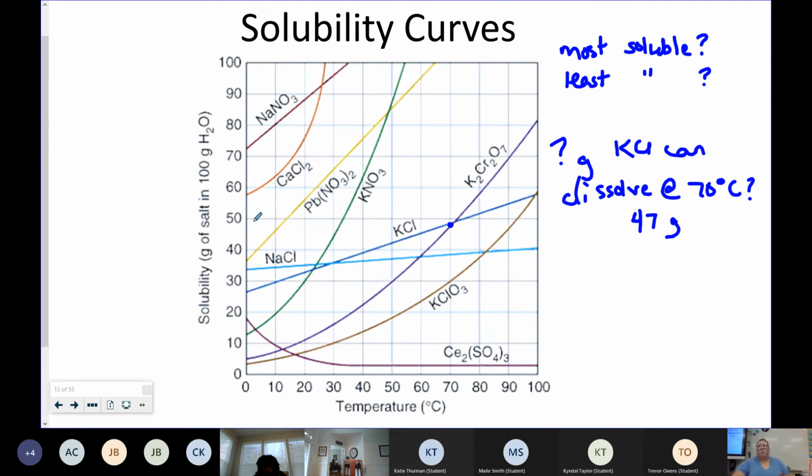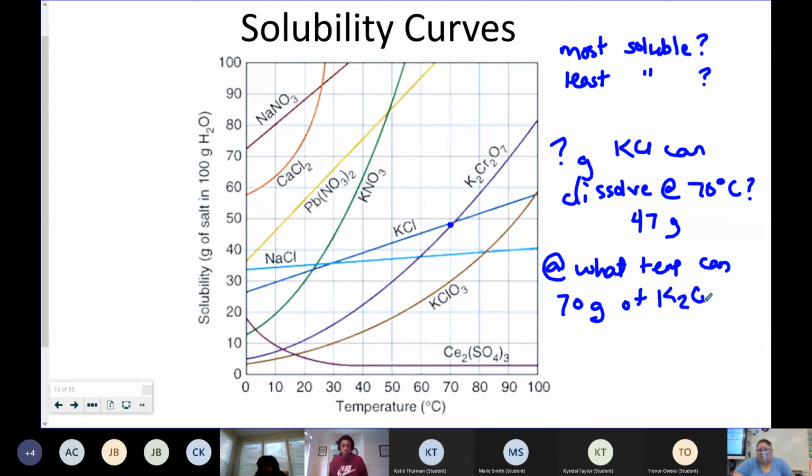It could also ask you for the temperature. So it might want to know at what temp can 70 grams of potassium dichromate dissolve.